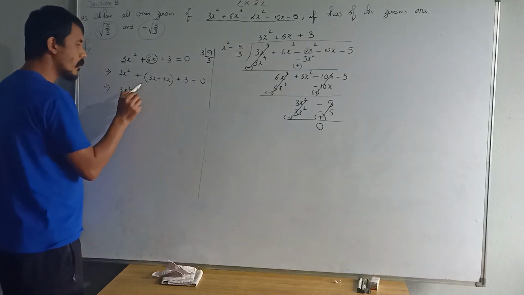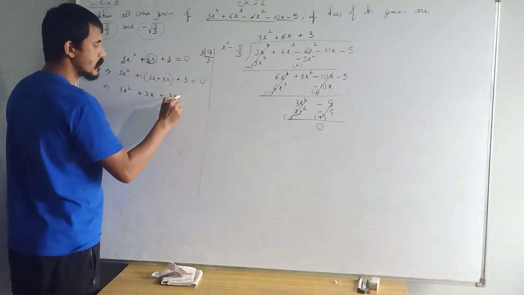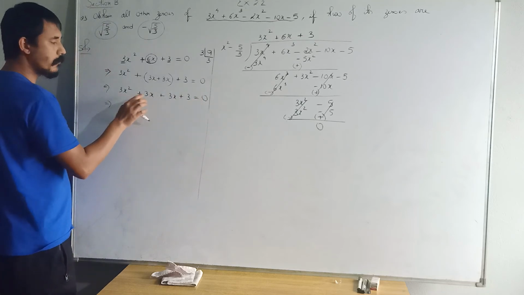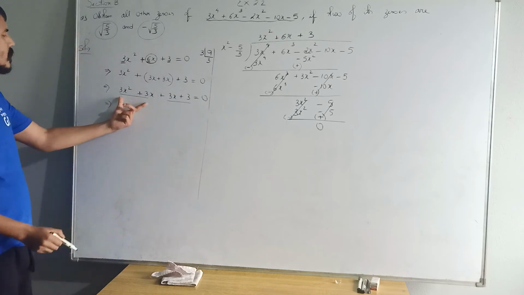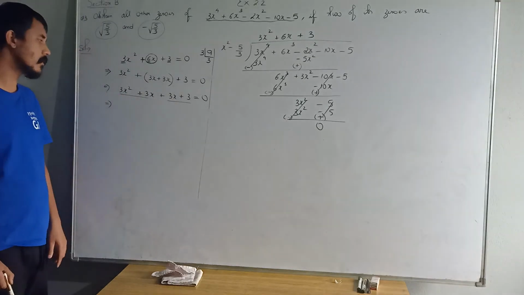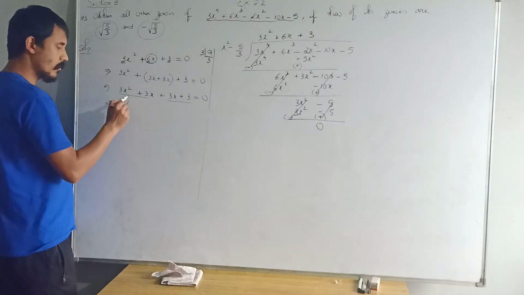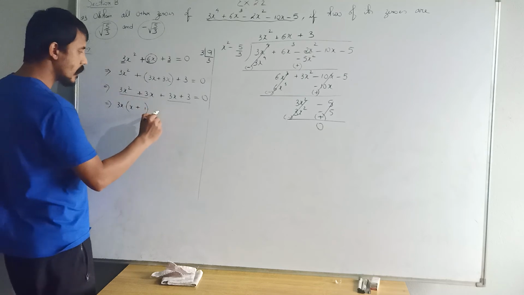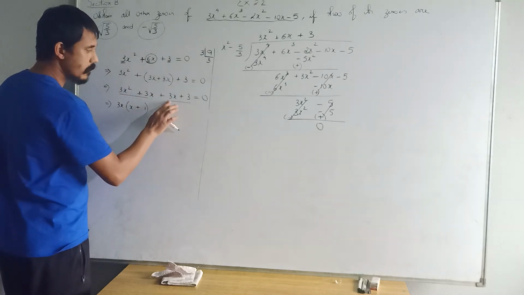Now 3x squared, we remove this bracket, plus 3x plus 3x plus 3 equal to 0. Now we have 4 terms. You can take pairs. From the first pair, what can we take common? What is common here? Yeah, 3x is common. Then we have only x plus 1, right? From the next pair, what do we have in common? 3 common.